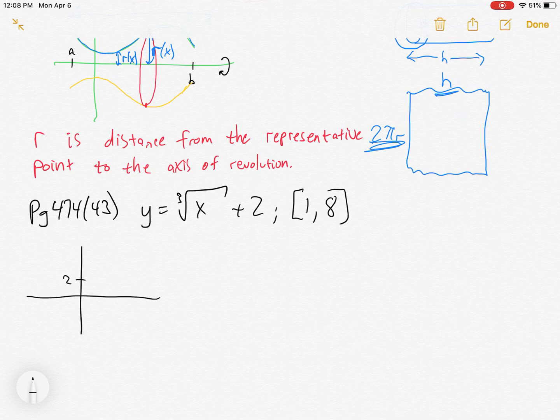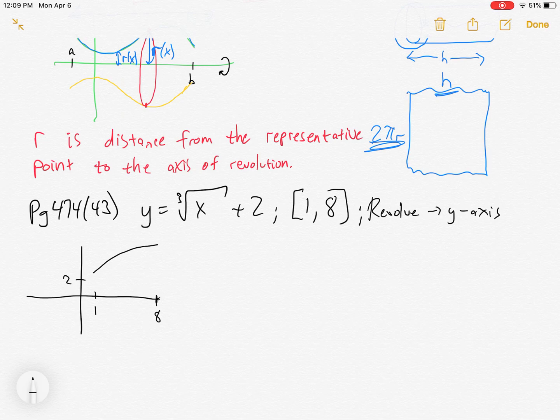So the y-intercept is 2, and we're only going to draw it from 1. So it's going to look like this. Something like that, to 8. And we're going to revolve that. Did I say? I didn't say.